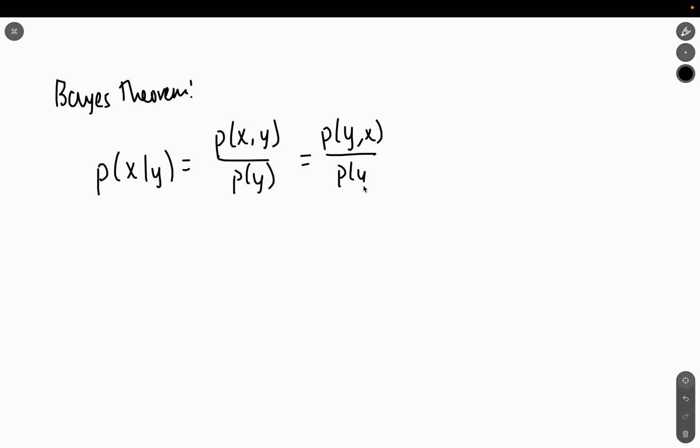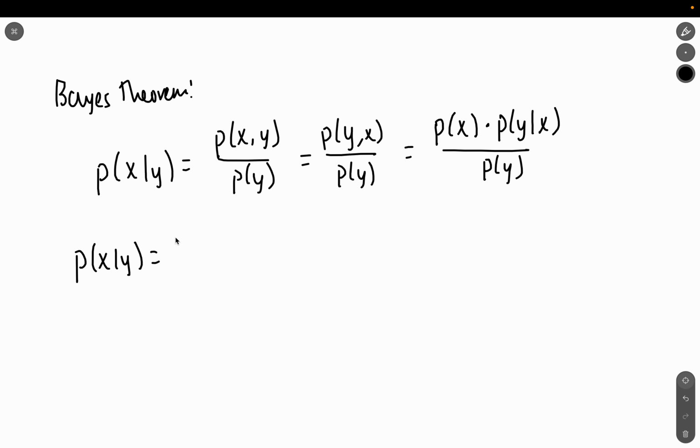And the probability of y and x occurring is the probability of x occurring times the probability of y given that x has already occurred, over the probability of y still, because this denominator stays the same. So pretty much what we've shown is that p of x given y equals p of y given x times p of x over p of y.